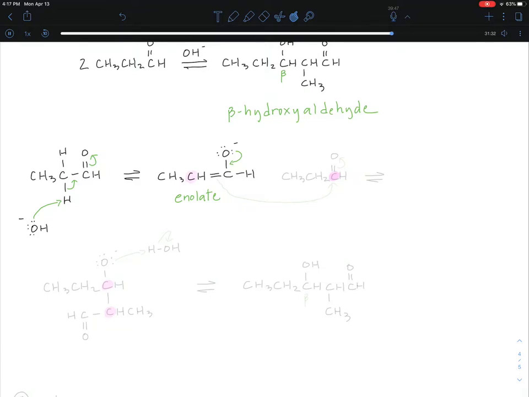Let me draw out the other aldehyde here and get it ready to be attacked. There you go. So those electrons come down, and we're going to attack right there.